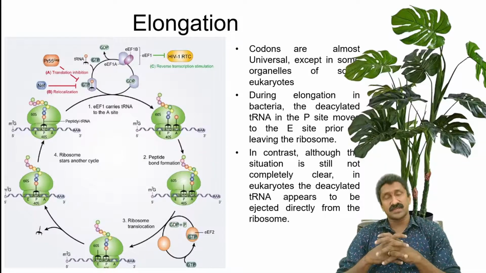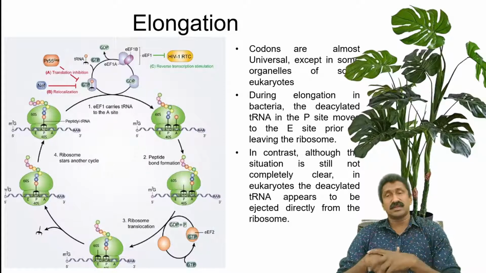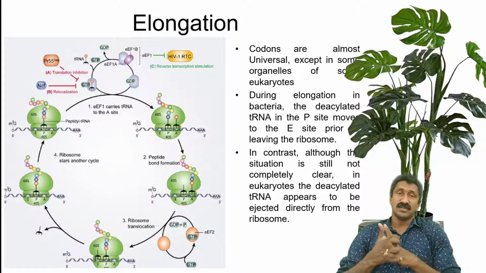In that case, the universality of the genetic code may not be applicable because there may be some specialized components that are incorporated. So the entire genetic code table will be different for such eukaryotic organelles.